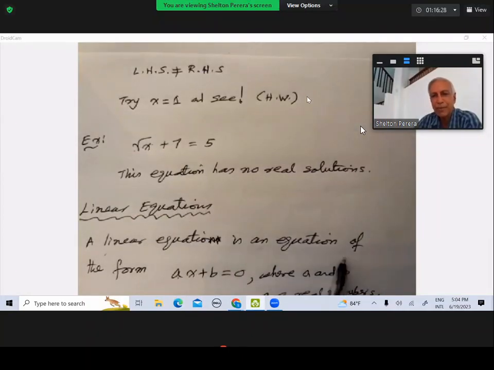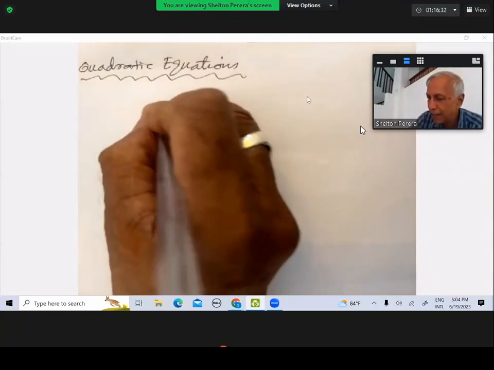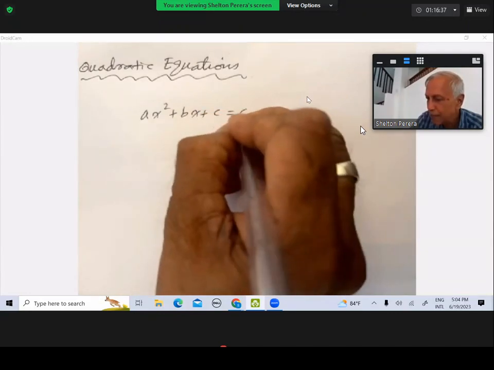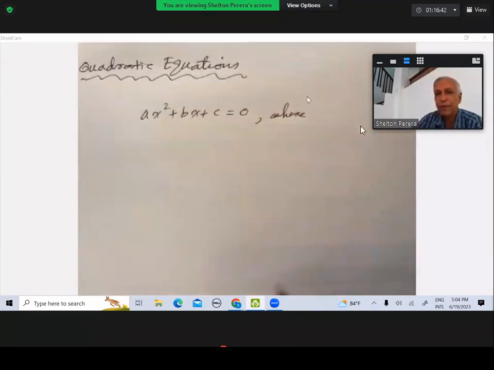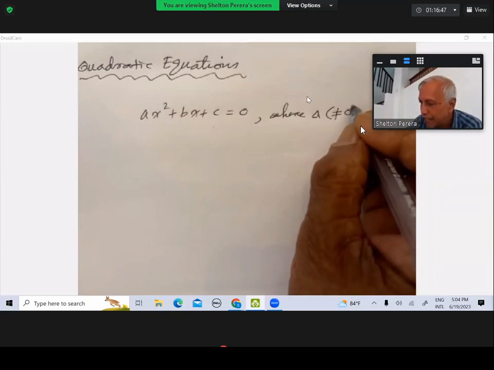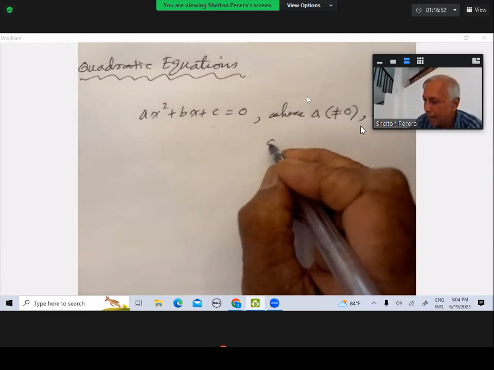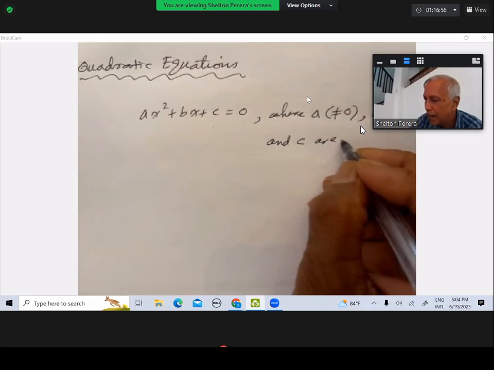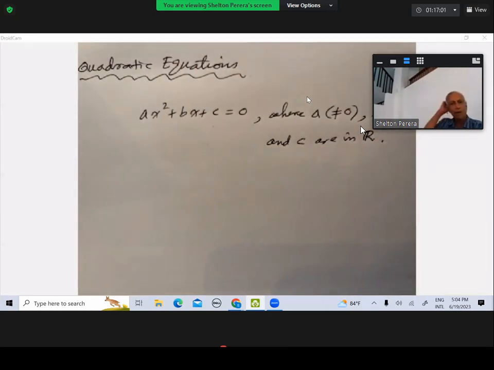A quadratic equation is an equation of the form ax squared plus bx plus c equal to 0, where for it to be a quadratic, a should not be 0. So I'll put it like this: a not equal to 0, comma b and c are real numbers. Are in real numbers, let us use this symbol, are in R.